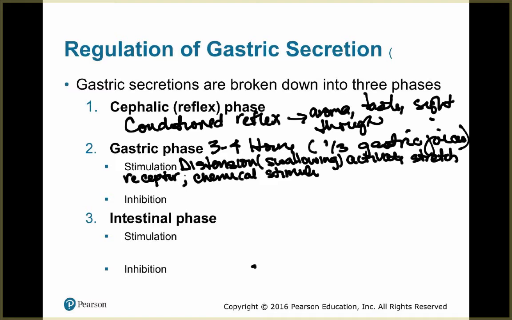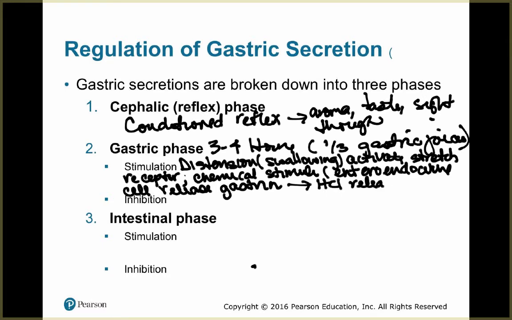And basically, once those chemicals activate the endocrine cells, they release gastrin, and that release of gastrin then is going to trigger HCl release from the parietal cells, and activate enzyme secretion.